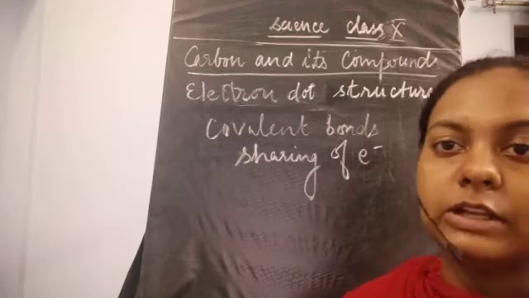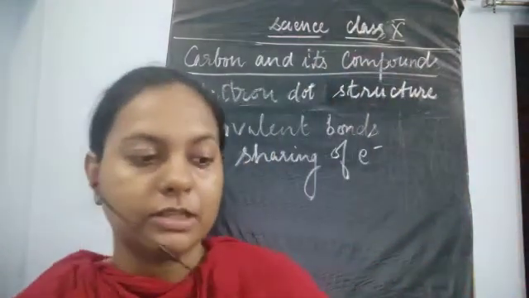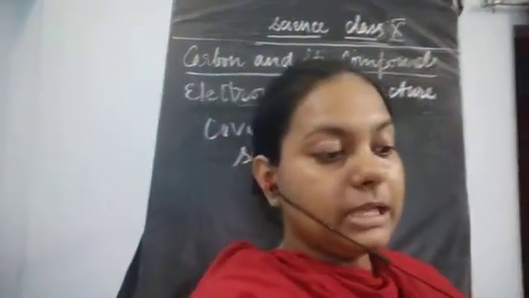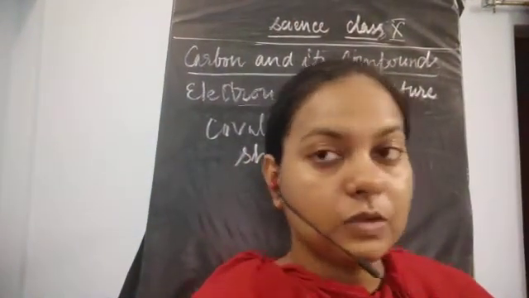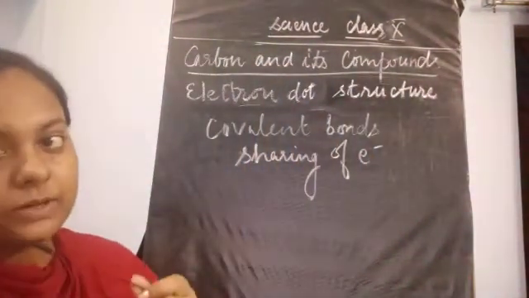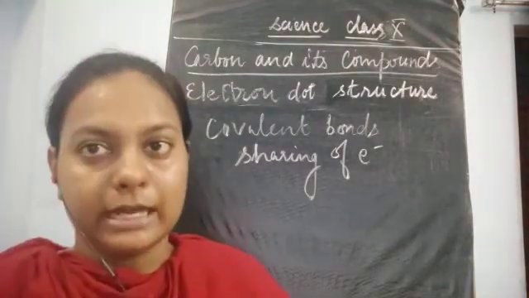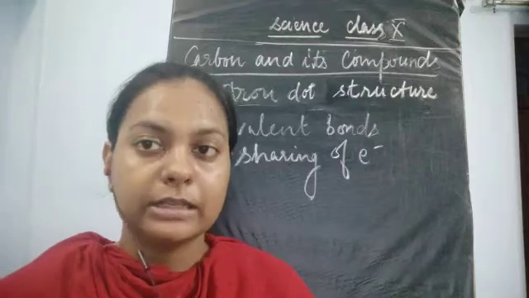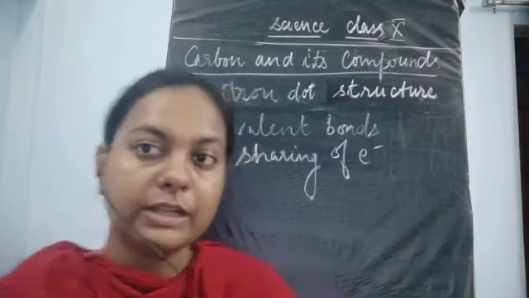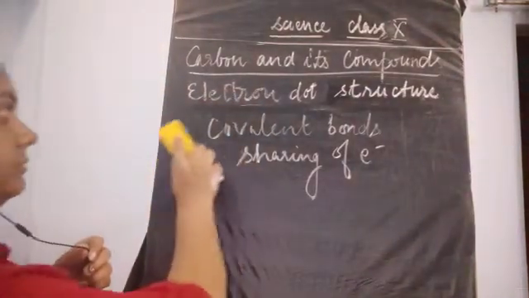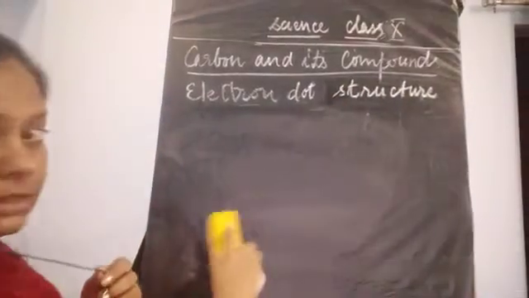Now I'll tell you how these electron dot structures are made and why it is so easy to make them. It is because we can easily understand how the electrons are being donated and how they are being shared.